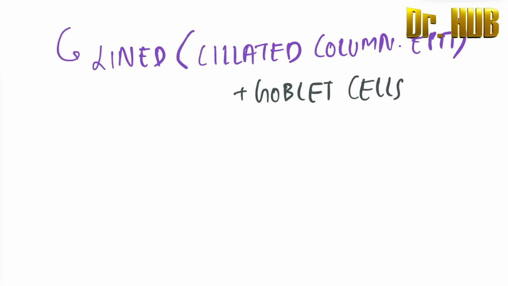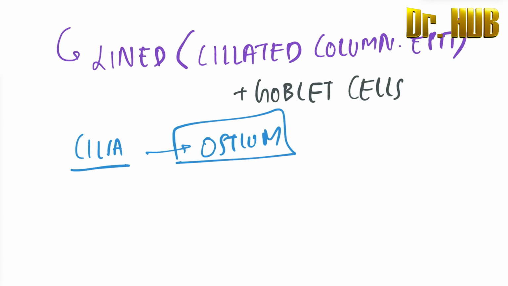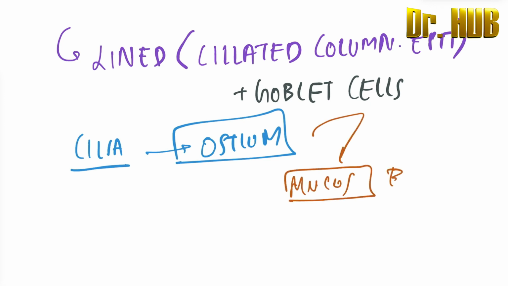The cilia are more marked near the ostium, which facilitates the mucus drainage into the nasal cavity.